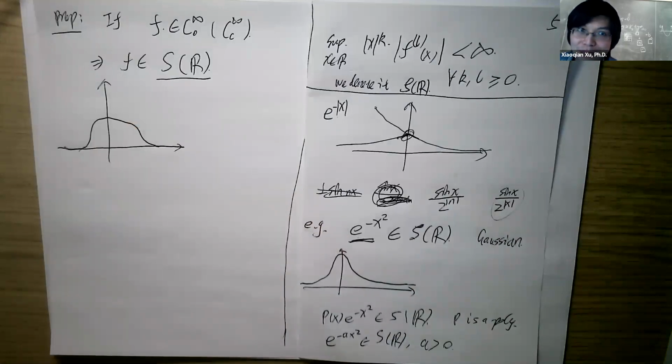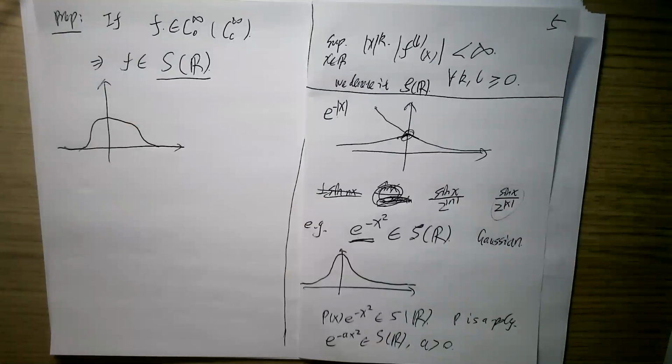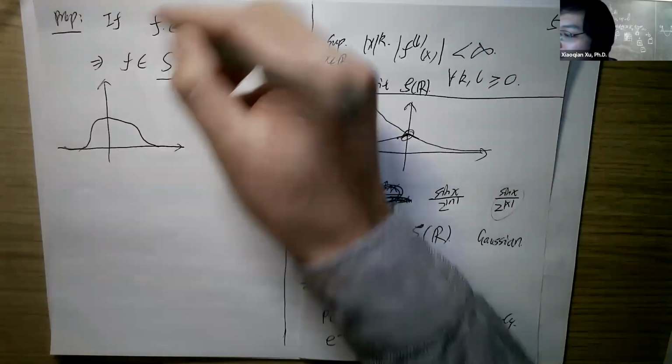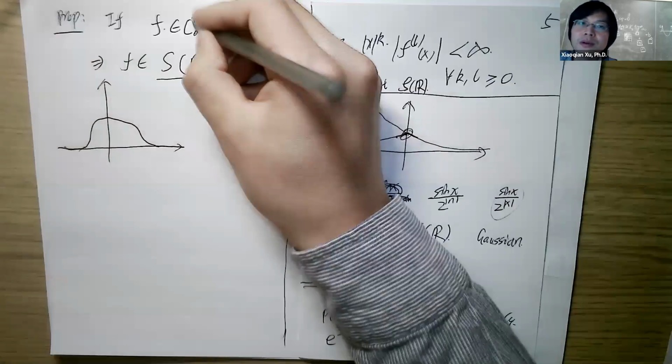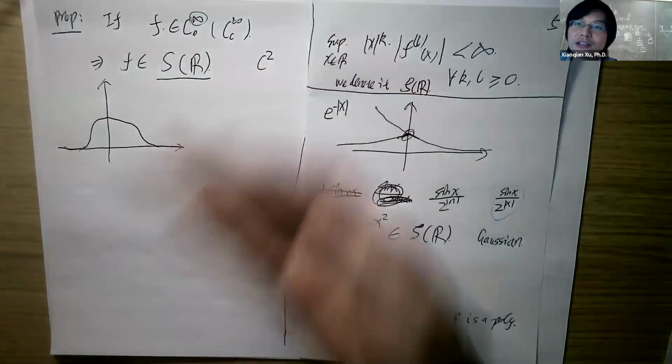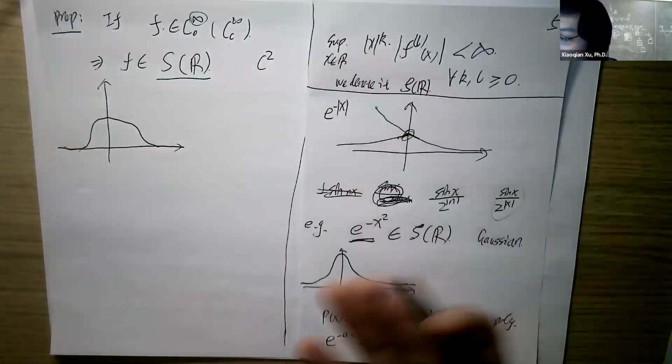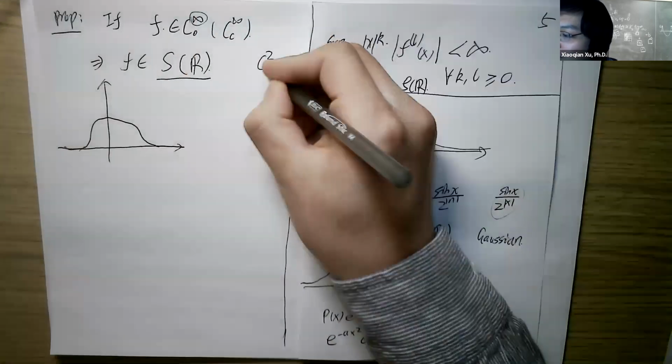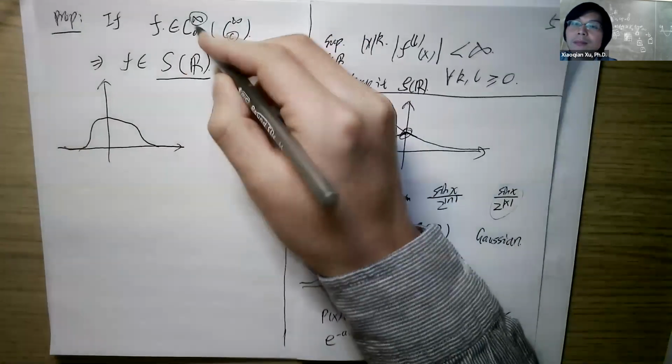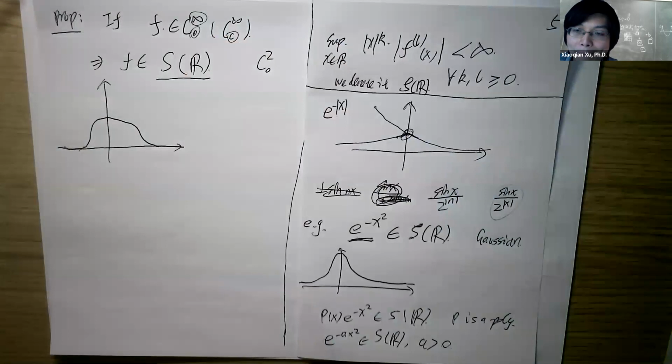Can I have a question? Sure. The notation C 0 infinity, do the 0 and infinity have any meaning? No, this infinity just means, for instance, C2 means twice differentiable. This function is twice differentiable. But here, this 0 or C just means it's compactly supported.